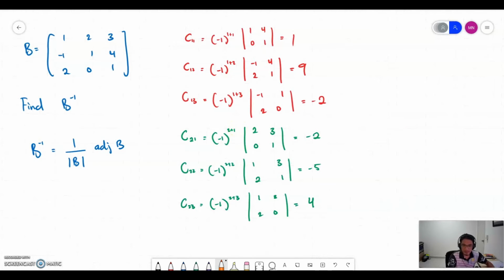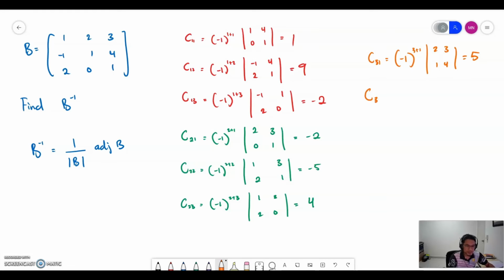Then the cofactor for the third row, C31, 3 plus 1, 2, 3, 1, 4. This one is equal to 5.